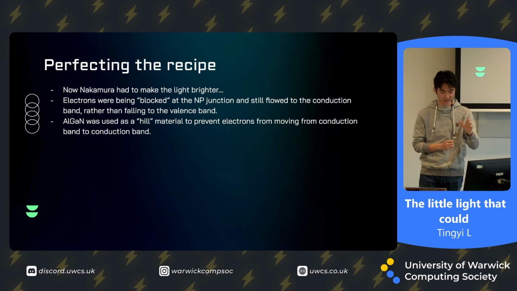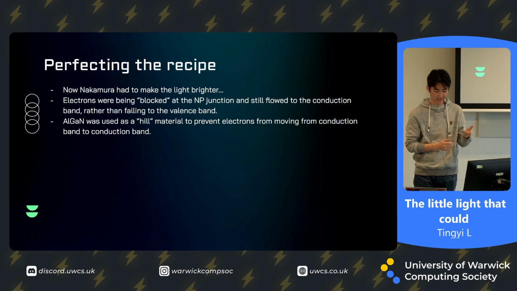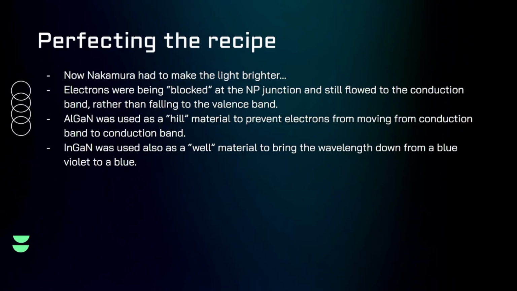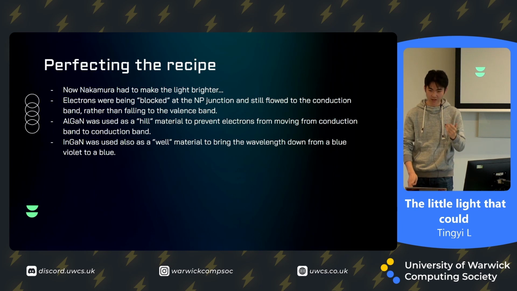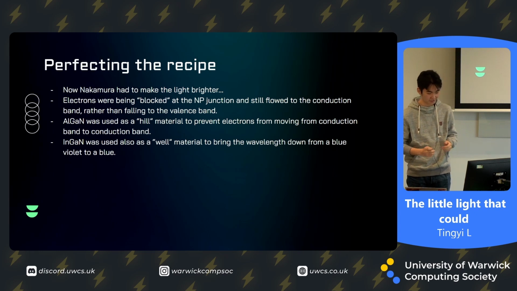So it blocks any electrons from flowing from conduction band to conduction band, essentially just acts as a bigger resistor. To make it more blue, indium gallium nitride was used as a well material to sandwich between the NP layers of aluminium gallium nitride to bring the wavelength down from a very blue-violet to a nice 450 nanometer blue.